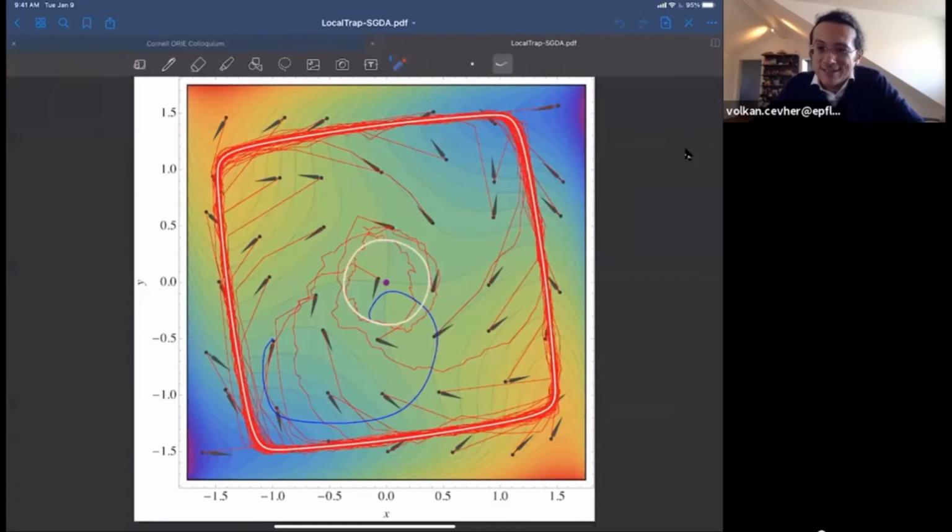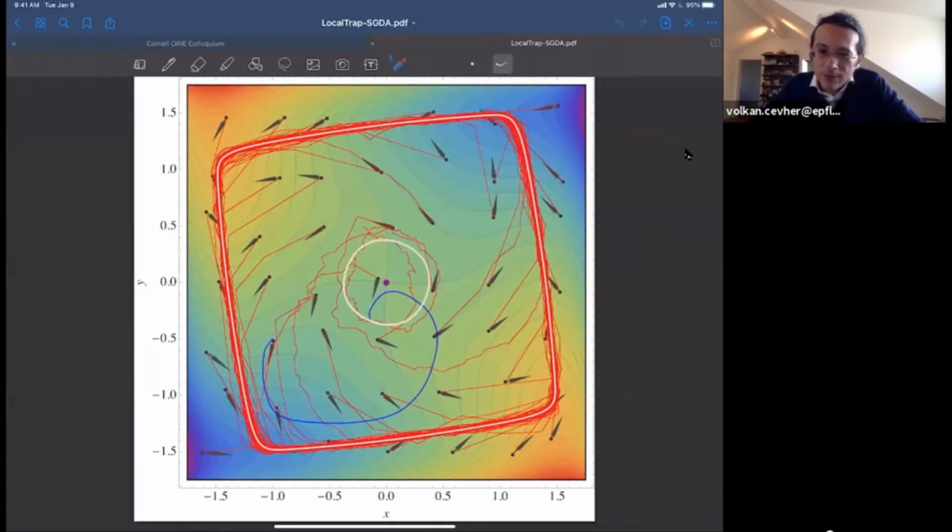If you initialize the algorithm anywhere in the outer circle, you come to this inner circle. So the algorithm we ran here is the stochastic gradient descent ascent. I have pictures for the extra gradient and all the other algorithms. What is interesting is that the spurious attractor here is a repelling one. So if you initialize it within the inner circle, you will go to this.